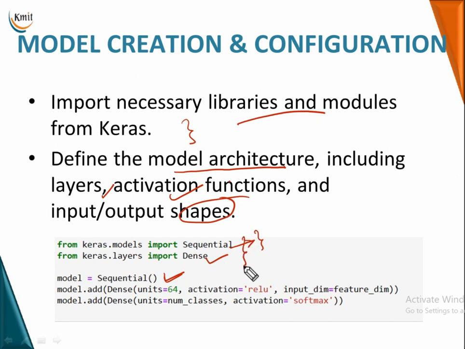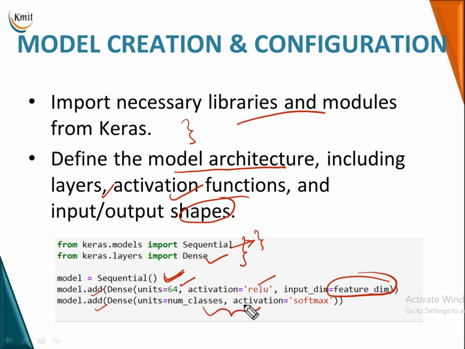Once I have imported these from Keras, the model, the container as well as my layer, I am going to build an empty container, and I'm explicitly going to add what all layers that I want. As you can see here, I am first giving an input layer with units of 64 with an activation function of ReLU and some input dimensions. It's a very simple type of explanation that I am giving.